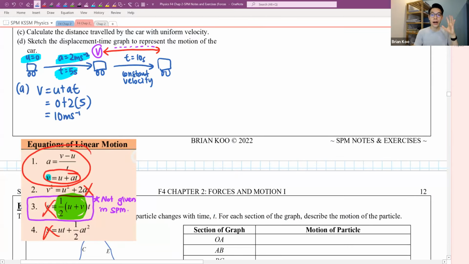That means 5 seconds later, if I'm accelerating at 2 meters per second squared, the velocity will go from 0 until 10. And then after that, I'm going to keep that same velocity, 10 meters per second, for the next 10 seconds. Constant speed, constant velocity.